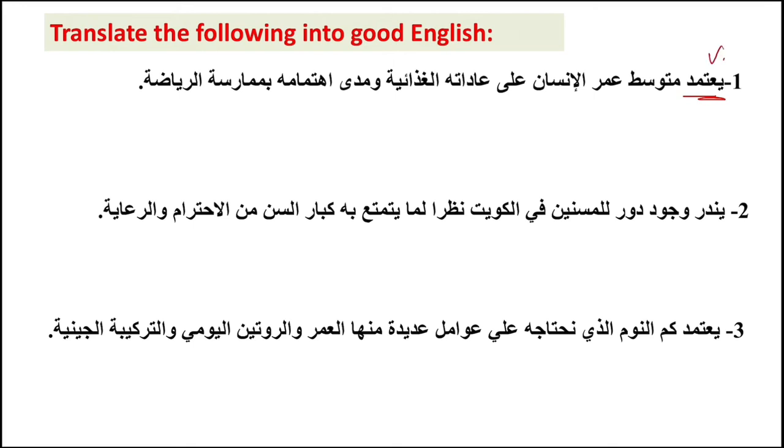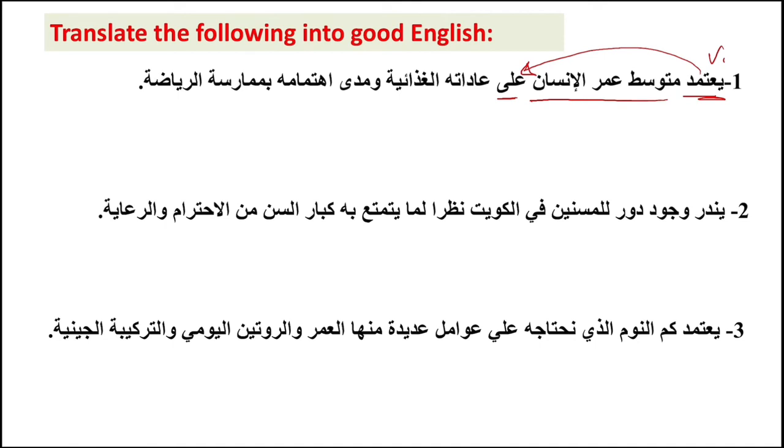This is a verb. Okay, and متوسط عمر الإنسان, you studied that in unit 7, remember? Yes, exactly, life expectancy. Now here we have يعتمد as a verb, على and prepositions. So we have a verb and preposition. Okay, they come together.